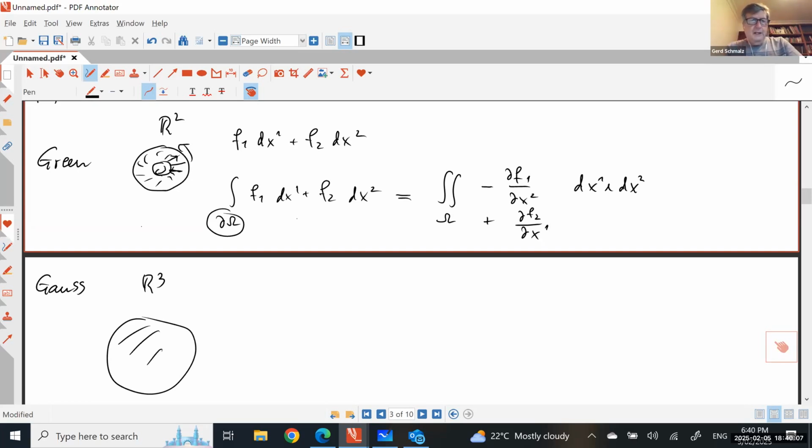So we do not make any assumptions on the topology of the domain, and the same with Gauss's theorem. So now, what is Gauss's theorem?